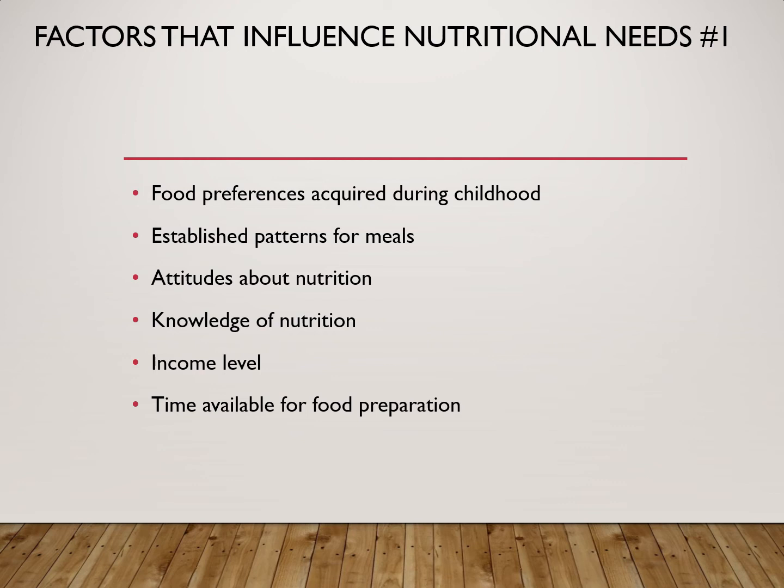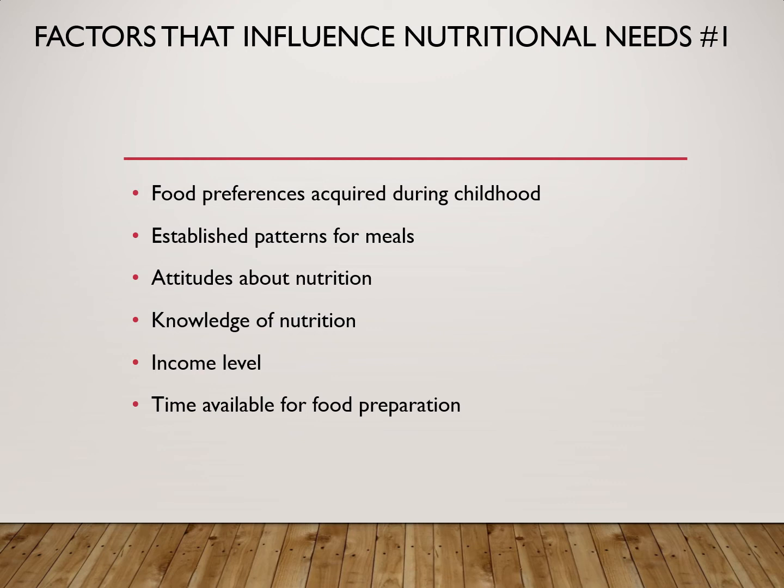Individual risk factors, genetics. Many conditions that impact nutrition are linked to genetics. Inherited metabolic defects include phenylketonuria, called PKU, a deficiency in the enzyme responsible for the metabolism of the amino acid phenylalanine.